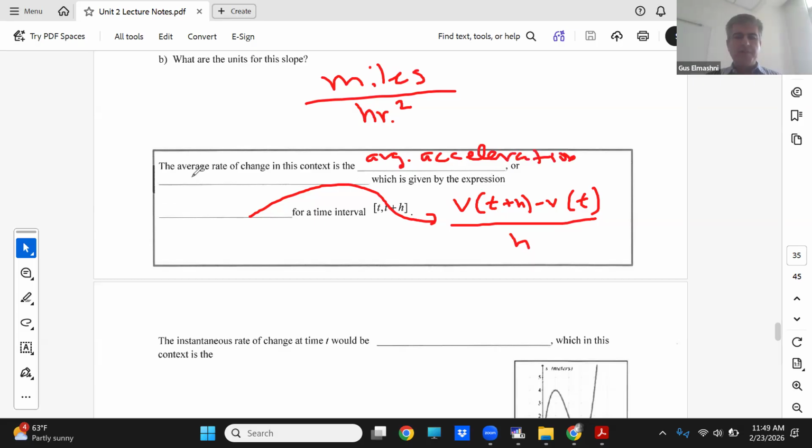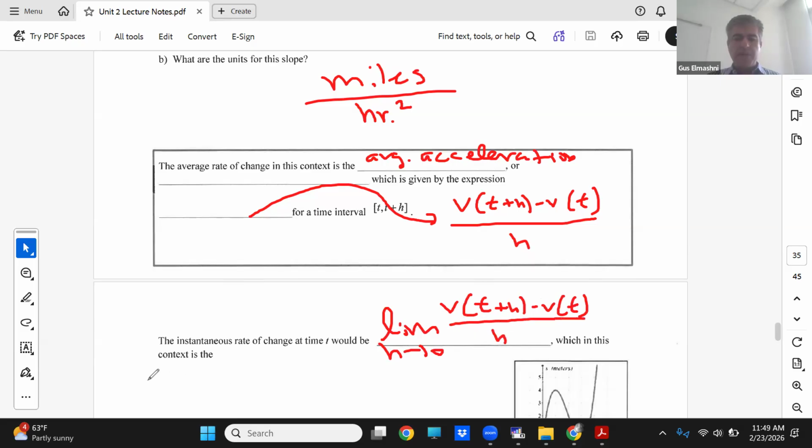It can also be thought of as average acceleration. Then the instantaneous rate of change would be this: the limit as h approaches zero of v of t plus h minus v of t, all over h.